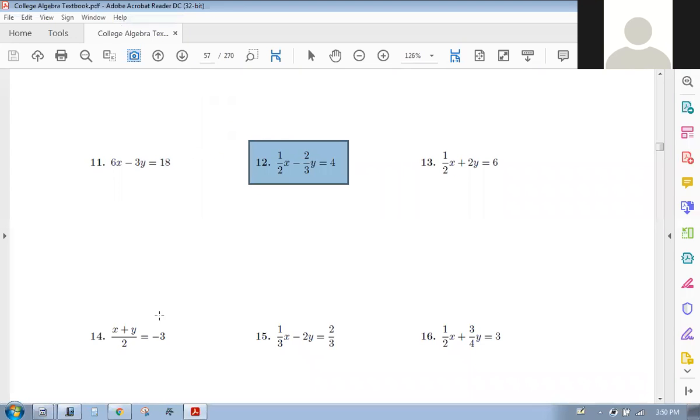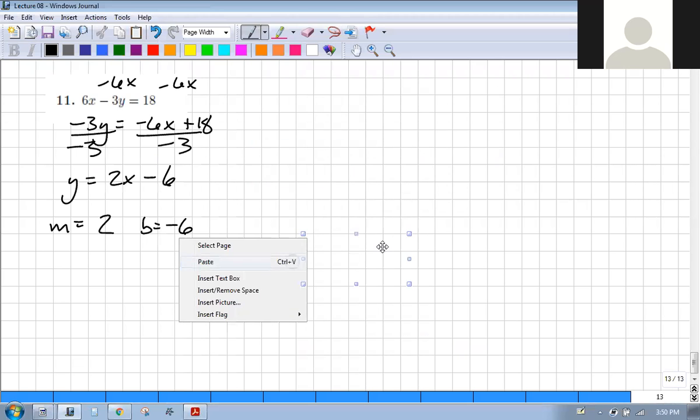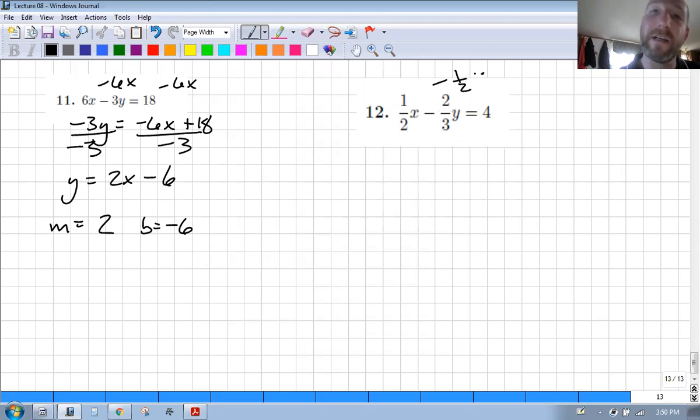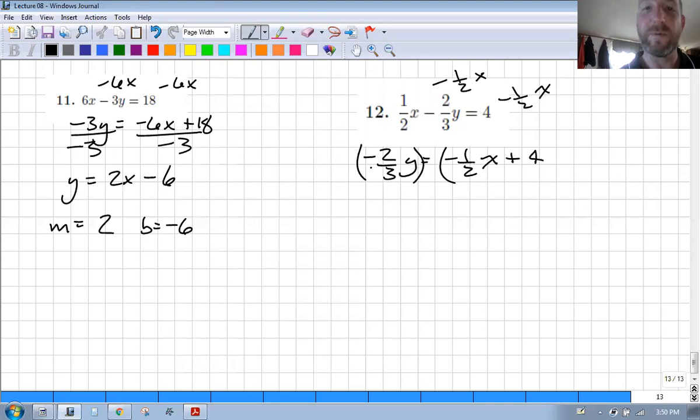There's one with a bunch of fractions in it. These are just numbers like any other number. All right, so let's subtract a half an x from both sides. So we got a -2/3 y equals -1/2 x plus 4. Now multiply both sides by a -3/2.